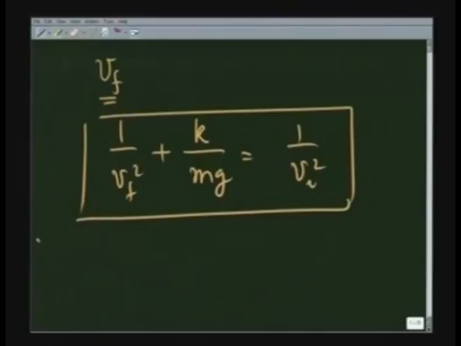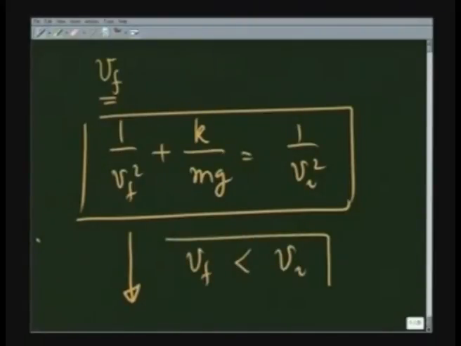A word of caution though: when considering the motion of the particle coming down, you should take proper account of the force of friction. The force of friction changes direction, and as shown in one of the previous slides, you have to change the sign of the force. V final, of course, is going to be smaller than v initial because in this friction the particle has lost energy.